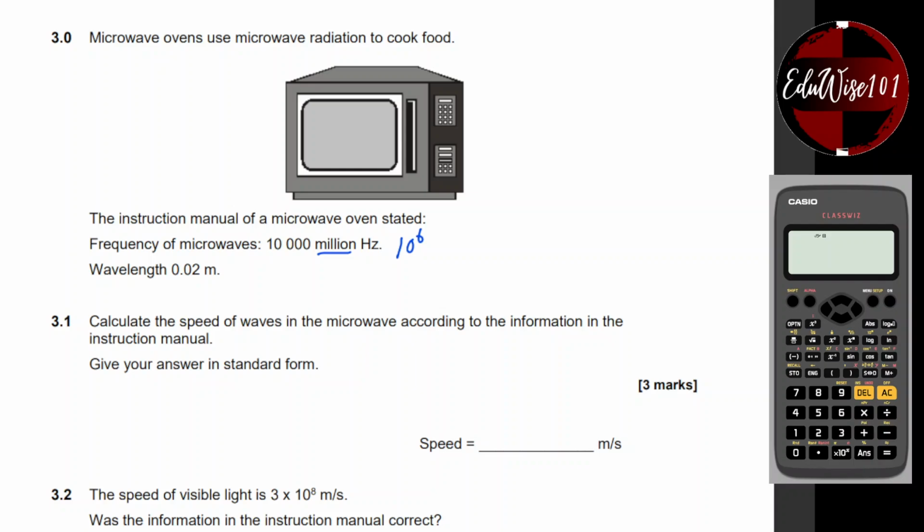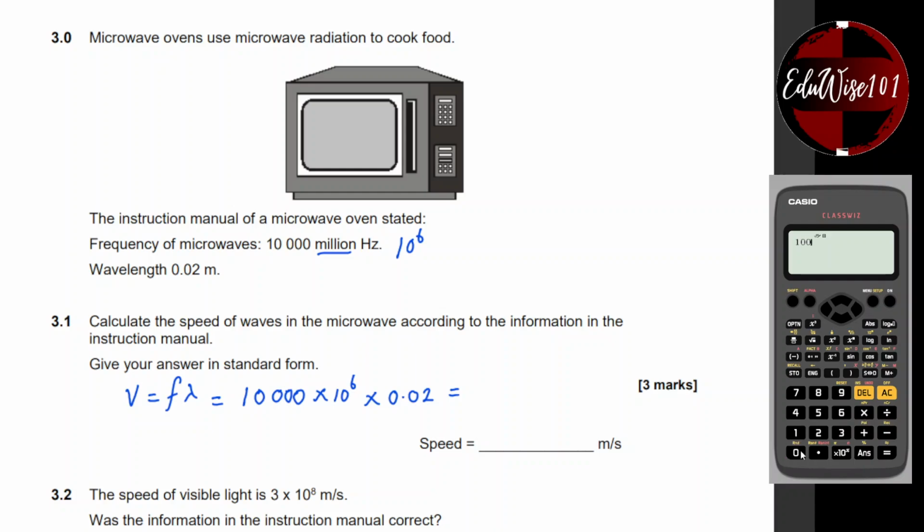So, wave speed is frequency multiplied by the wavelength. The frequency, I'm going to add that as 10,000 times 10 to the power 6, which is the million, multiplied by 0.02 using the calculator.